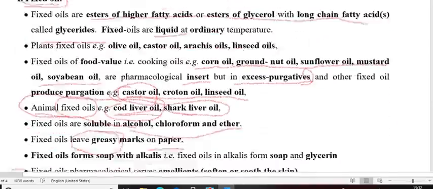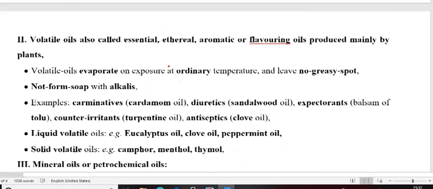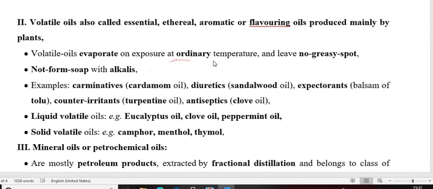Another important property, just opposite to fixed oils, is that they are non-greasy, so they do not form any spot. This is a very important property.